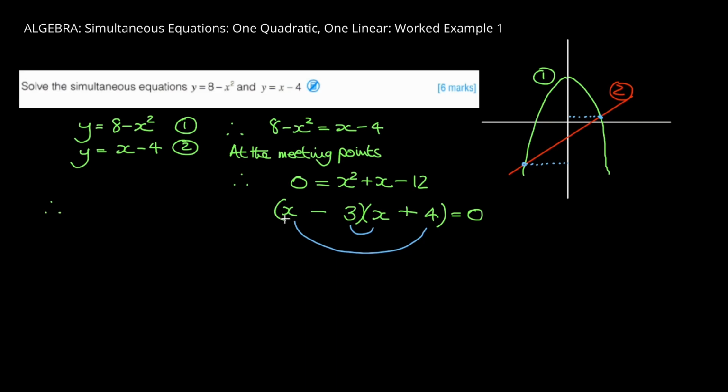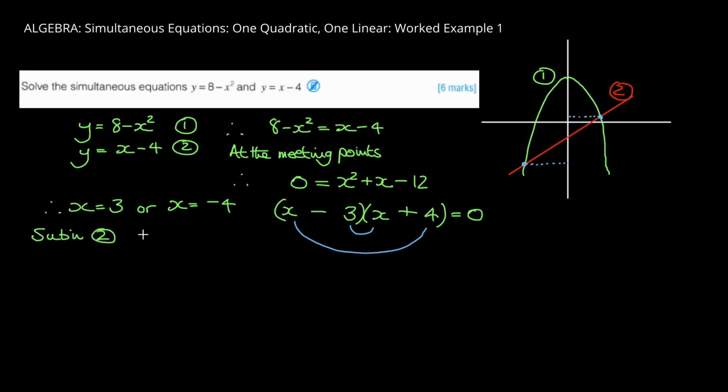So if this is true, it's the same old routine. If the multiplication of this bracket and that bracket equals 0, it means that one of the brackets is 0. If this is 0, x is equal to 3, or if this is 0, x is equal to -4. All we've now got to do is pop them back into one of our two equations, the simpler one, clearly number 2, and get values for y.